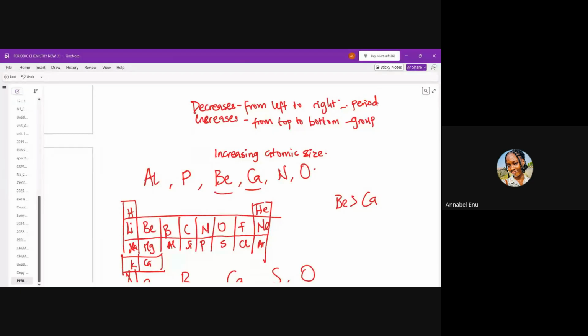But how are we going to relate them to beryllium and calcium? Across a period, it is decreasing, so that means the atomic size of nitrogen and phosphorus are going to be less than that of beryllium and calcium.